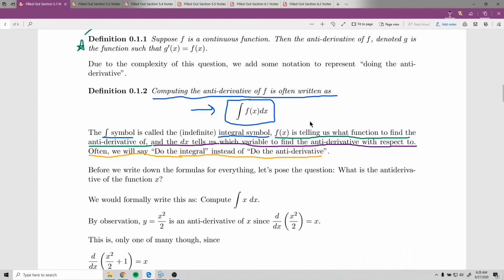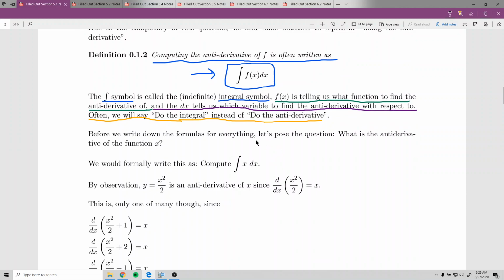All right, so this first example here isn't actually work that you necessarily need to write down, but I like to explain there's a little something extra when you do antiderivatives compared to derivatives, and this example will explain it. Before we write down formulas for everything, let's pose the question: what is the antiderivative of the function x? Meaning, what function, if we did its derivative, would get back to x?